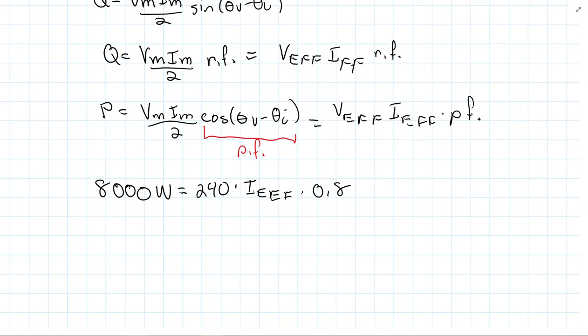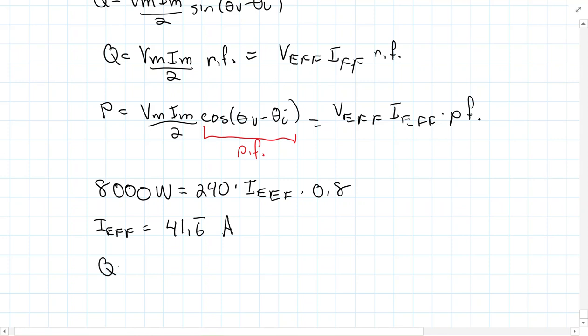And so doing that, we get that my effective current is 8,000 divided by 240 divided by 0.8, which is 41.6 repeating amps.